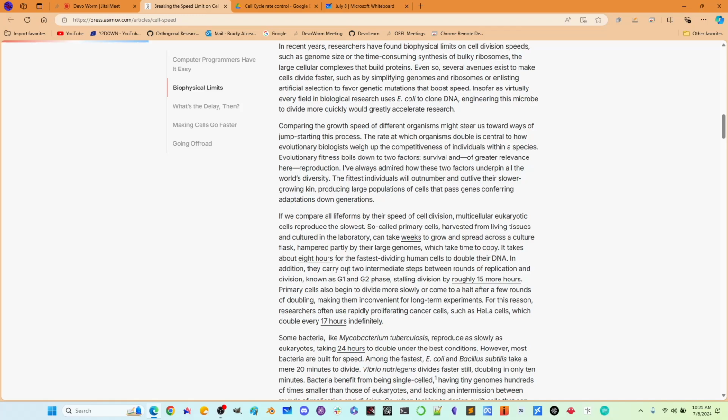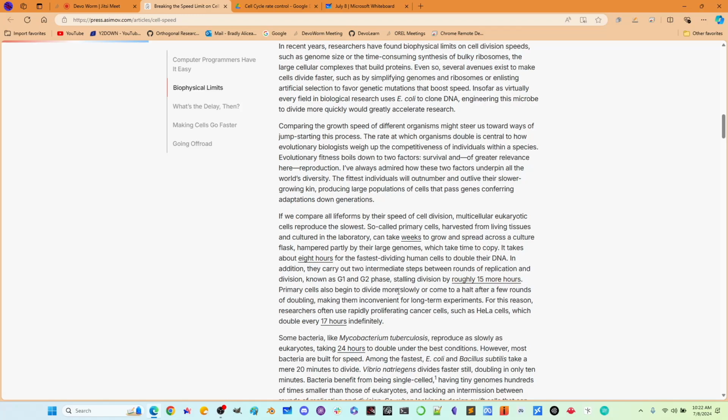In addition, they carry out two intermediate steps between rounds of replication and division, known as G1 phase and G2 phase. So prokaryotic cells don't have these G1 and G2 phases, and in eukaryotic cells we have four phases of cell division. So having 4 phases of cell division stalls division by roughly 15 more hours.